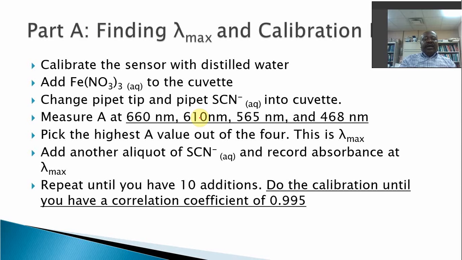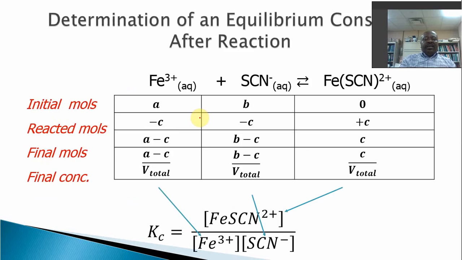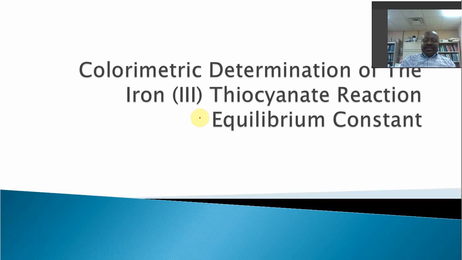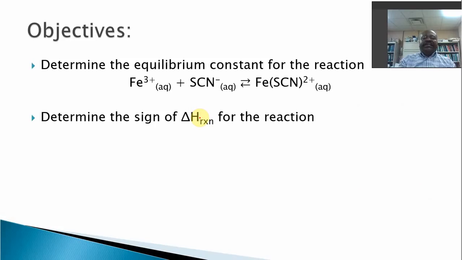Now I'm going to move back to the other part. Equilibrium constant for iron 3+ and thiocyanate, SCN minus. There it is. There's a reaction. It's a 1-to-1 reaction. And so you have +3 and then +2 here. Determine the equilibrium constant for that reaction.